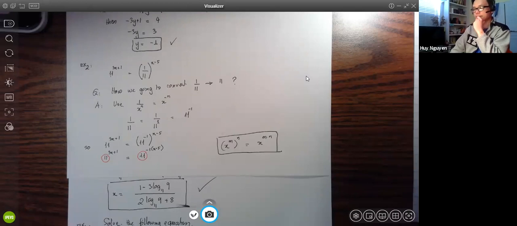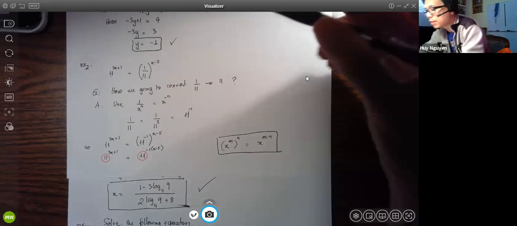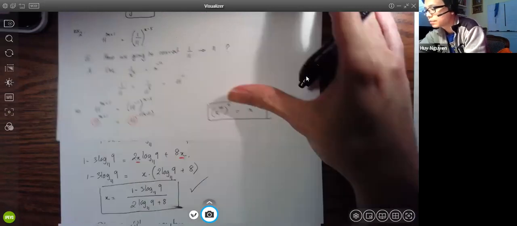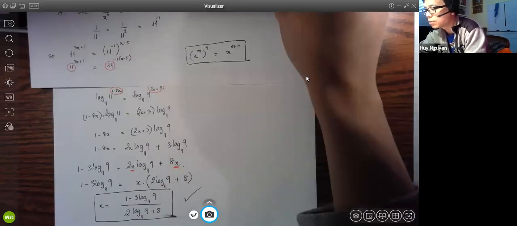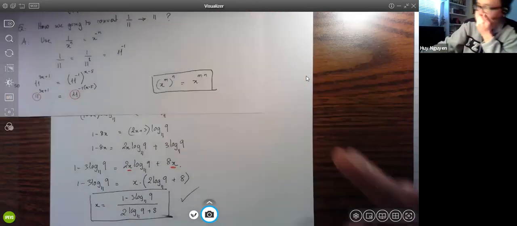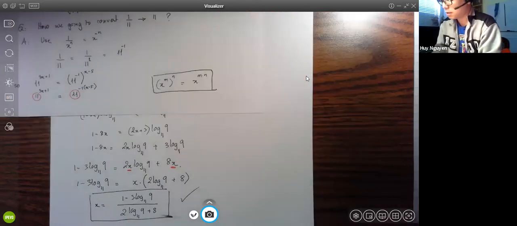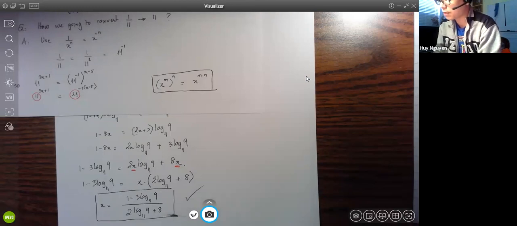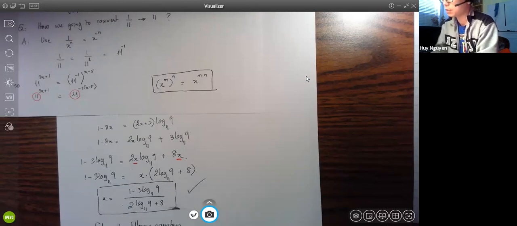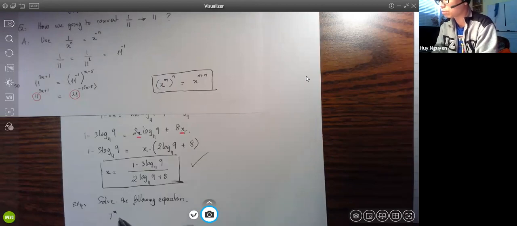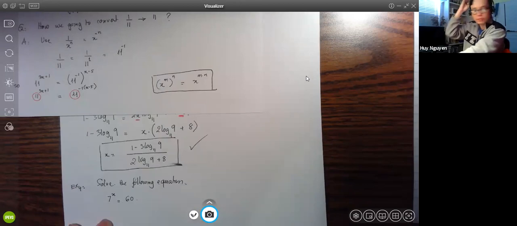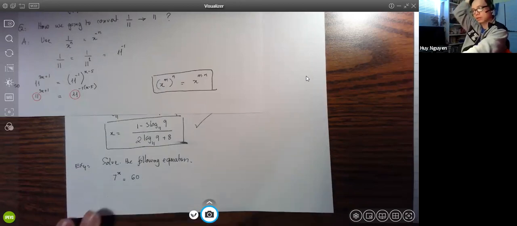Probably the log principle is not needed, that's what it means right here, when we apply the log to both sides. Whenever we apply the log to both sides, we didn't even use it. How about like this? Let's see, we can apply the log principle now. 7 to the x power equals 60. Yes, can we do this or not?